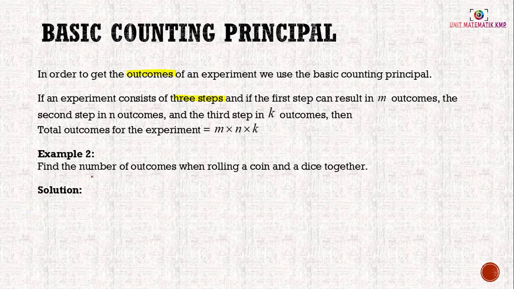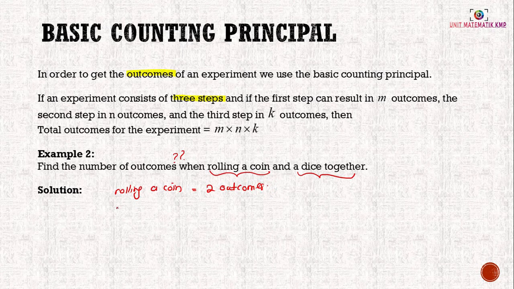Okay, find the number of outcomes when rolling a coin and a dice together. So kita nak dia punya number of outcomes. Okay, so the number of outcomes when rolling a coin, bila kita roll a coin, kita akan ada 2 outcomes, which is sama ada head ataupun tail.